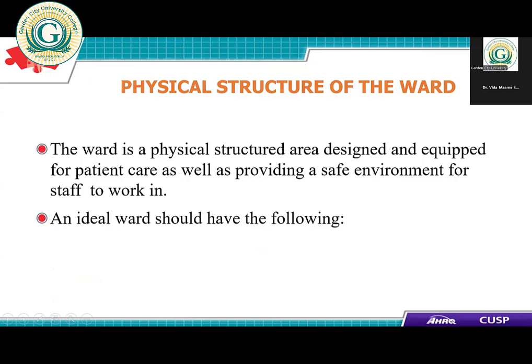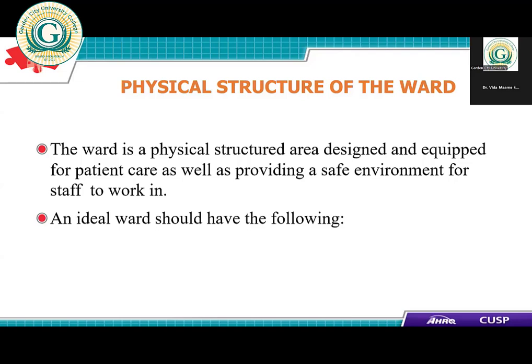The ward is a physical structured area designed and equipped for patient care, as well as providing a safe environment for staff. So it's not only about the patient. What about us, the staff who also work at the hospital? You also have to provide accommodation for us. We also need a safe environment to work.